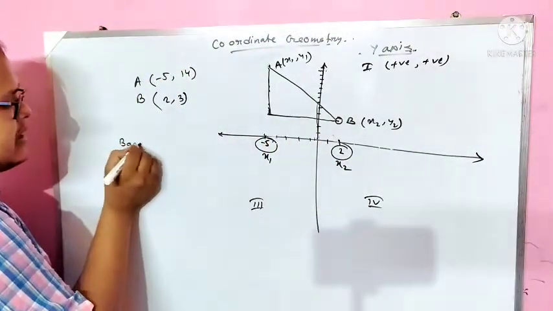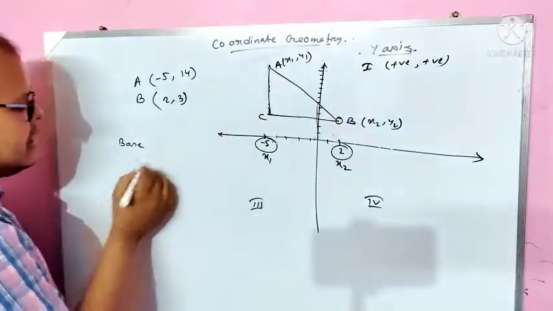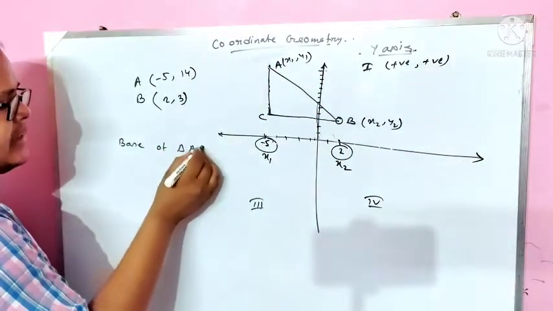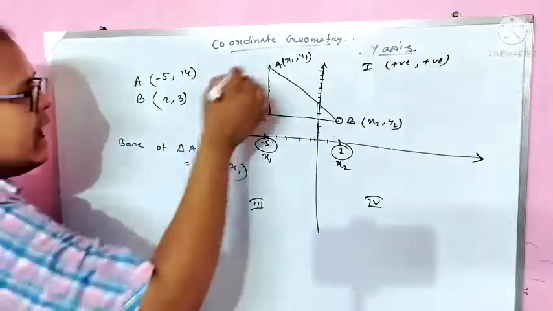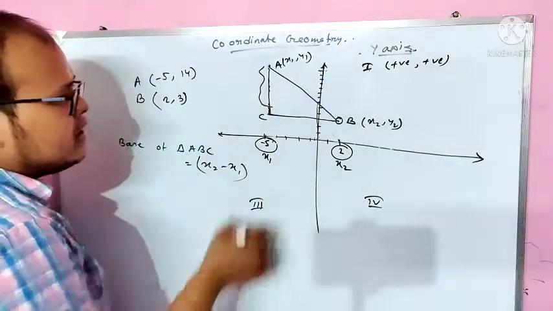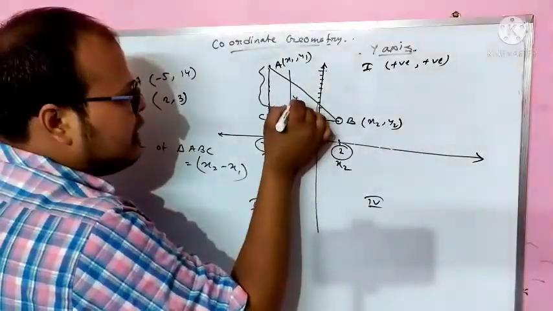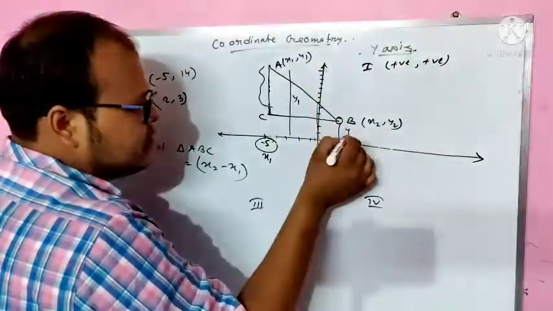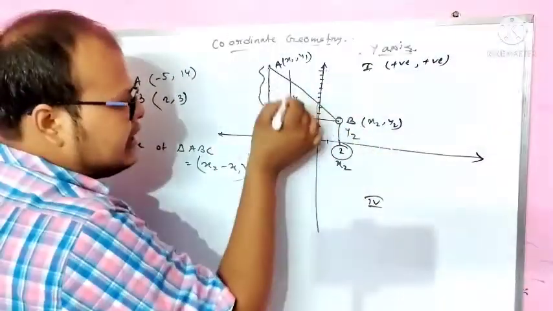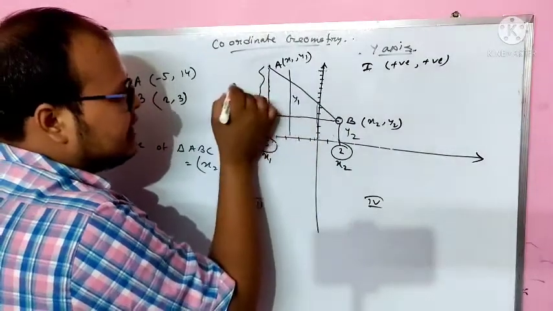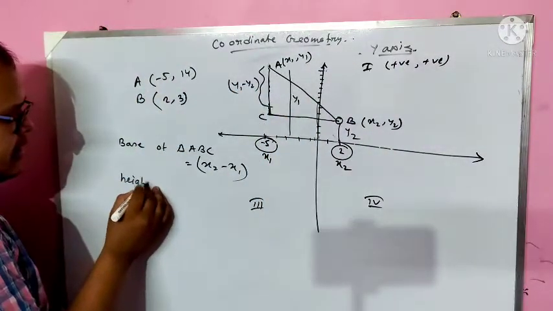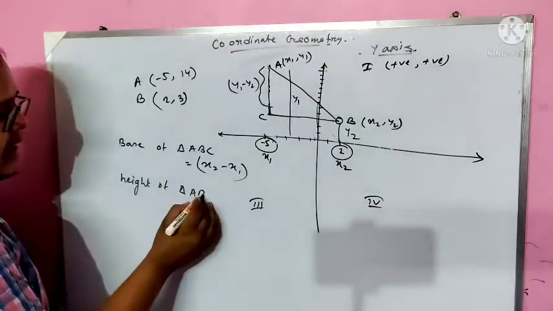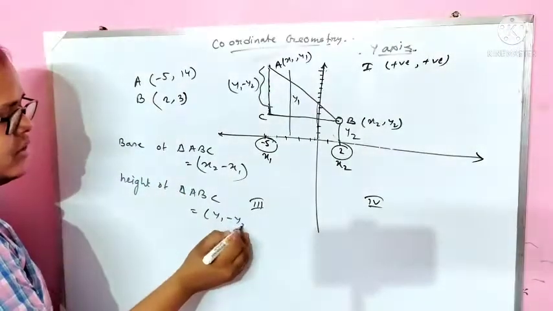Let's name the triangle ABC. Base of triangle ABC equals x2 minus x1. And how will the height be given? This complete height is y1 and this small height is y2, and if I find the difference between them, I will get y1 minus y2. So the height of triangle ABC equals y1 minus y2.